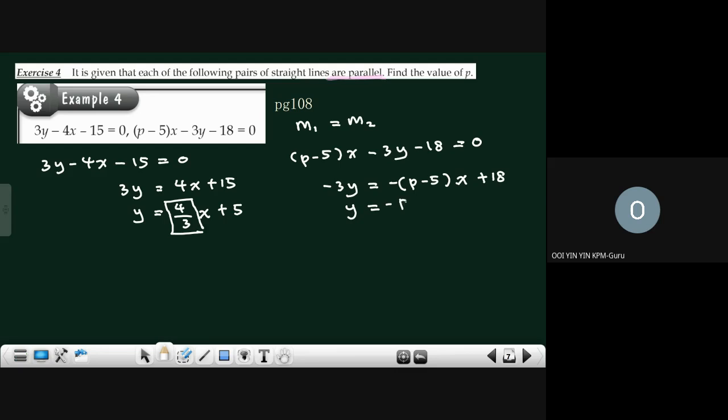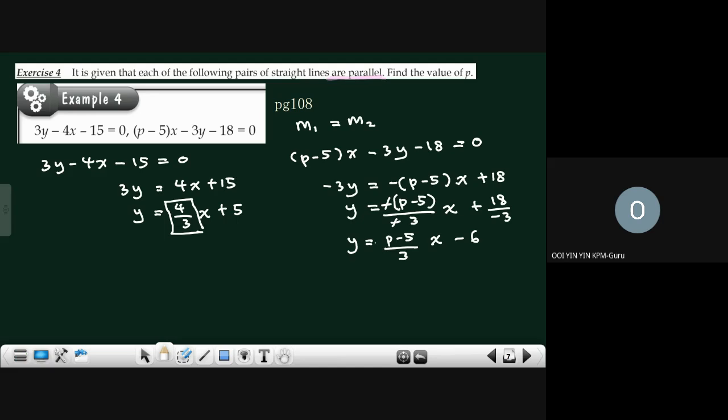So your negative p minus 5 over negative 3 here, x you can write beside it. And then here is 18 over negative 3. The negatives will cancel off, right? So you are left with p minus 5 over 3, and then this is your x. And here you get negative 6.